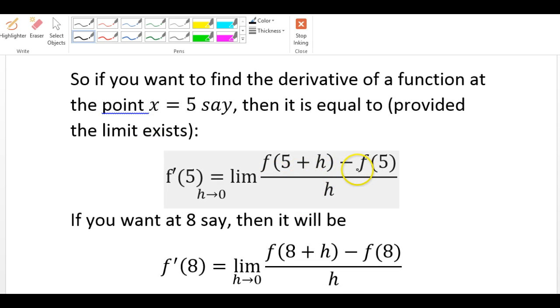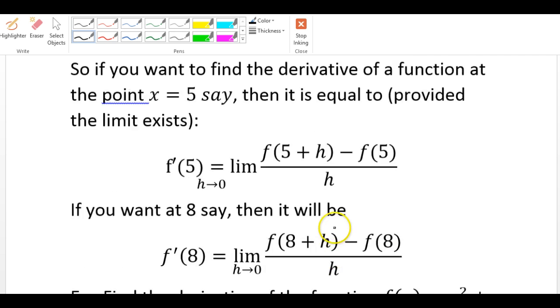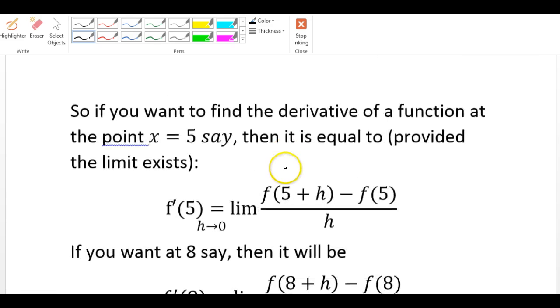Sorry, we want it at 3, right? So if it is 3, then we put f of 3 plus h minus f of 3 over h.